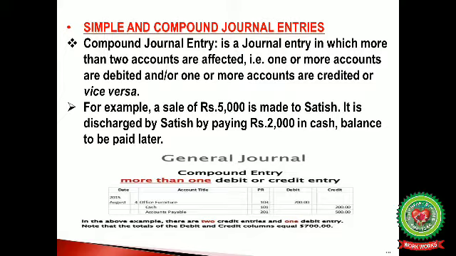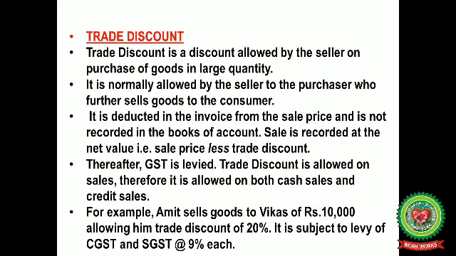And now, in the example where Satish has to pay 2,000 in cash and balance later, our entry would be cash account debit 2,000, Satish account debit 3,000, to sales account 5,000. So it's a kind of compound journal entry where we have two debits and one credit.